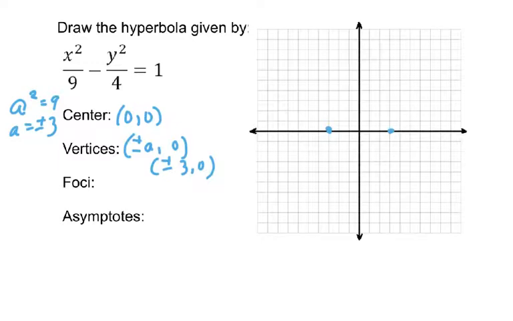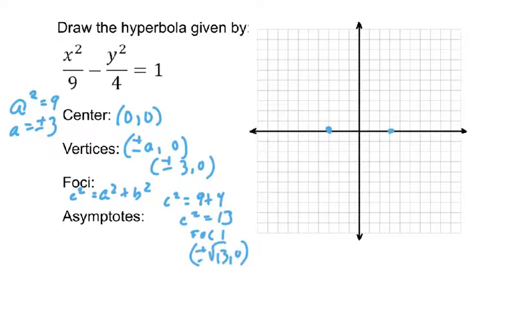The foci: c squared equals a squared plus b squared for a hyperbola, not the minus. So we have c squared equaling 9 plus 4. C squared is 13. And so our foci, since that's going to be a change in the x coordinate, is plus or minus square root of 13, 0.